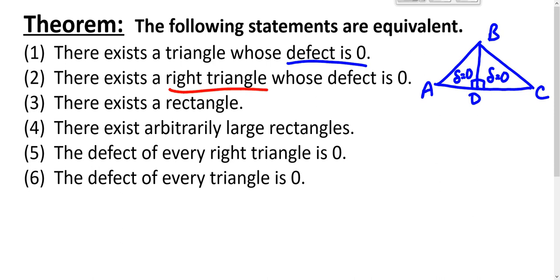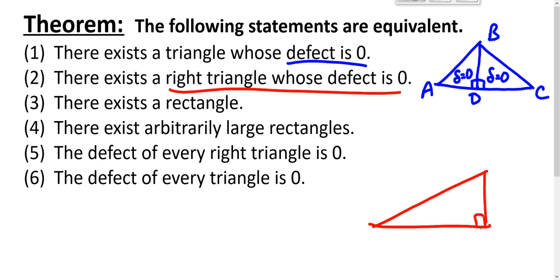So now, what if there exists a right triangle whose defect is 0? This one right here, defect is 0. Take that triangle and copy it on the other side of the hypotenuse. Well, it's not terribly hard to figure. This must also have defect 0, so both of these have angle sum 180.